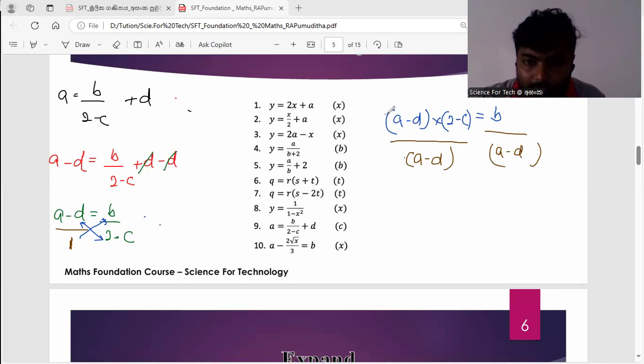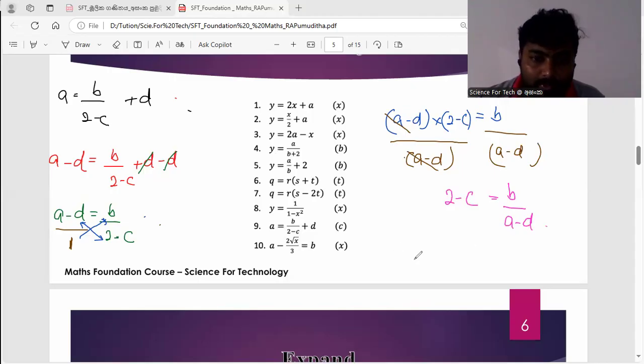And what happens? This a minus d and a minus d get cancelled. Then we will remain 2 minus c in the left side, and for the right side b divided by a minus d.